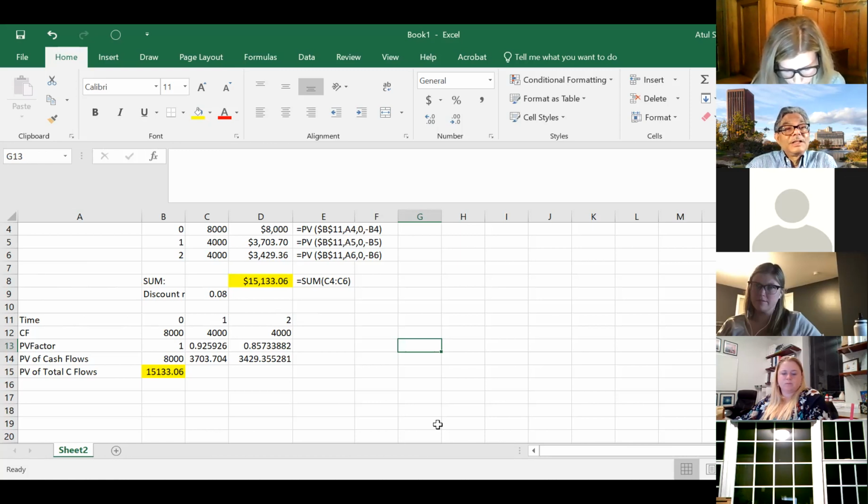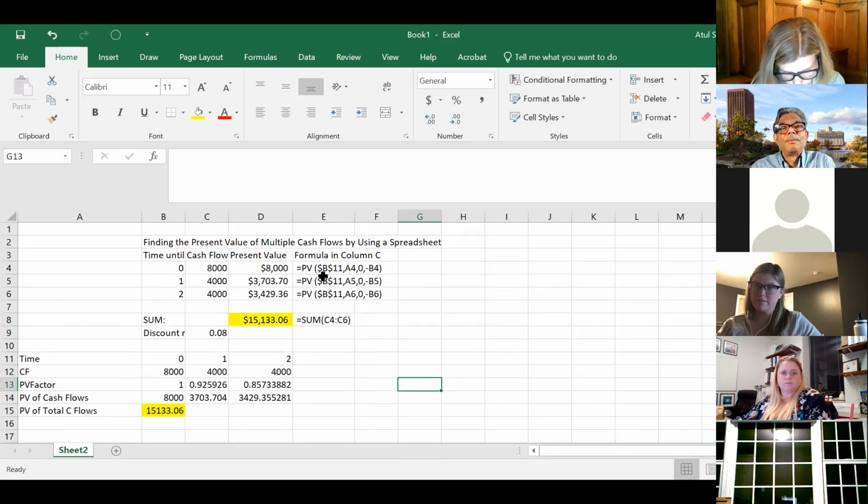Another way of approaching this is to use the present value formula as they have shown in the slide. Present value. What is the interest rate? What is the time period? Right?